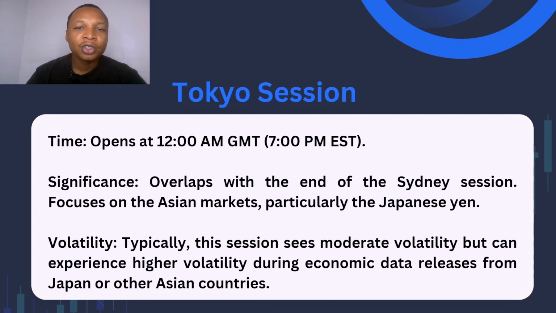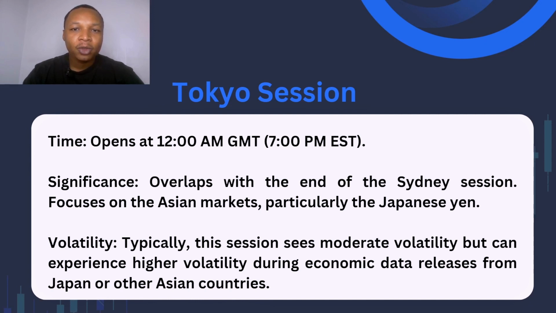But when these monetary policies are released, we see high volatility in these markets. For instance, in the Asian session, when we see the Chinese or the Japanese economic data release, we will tend to see high volatility in relative pairs that concern these sessions.